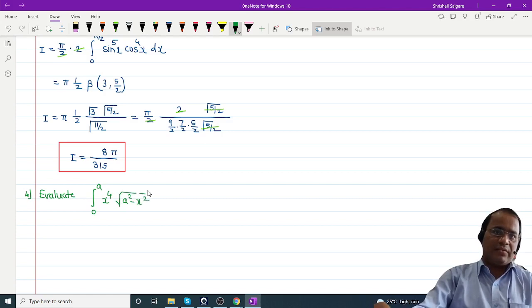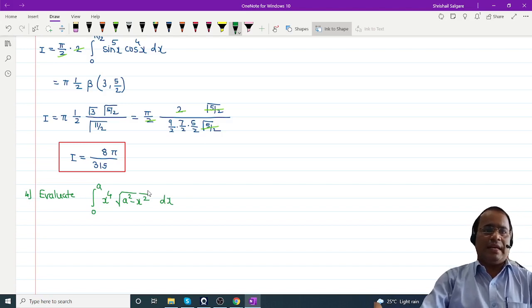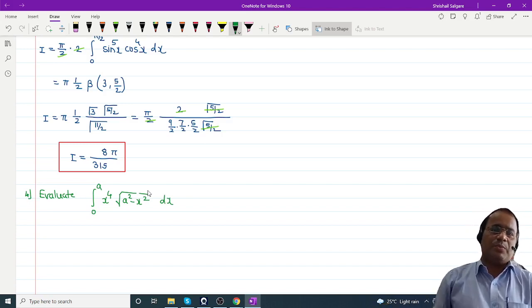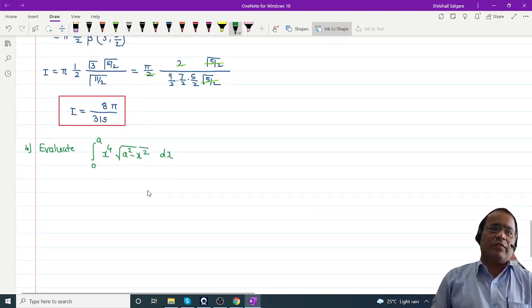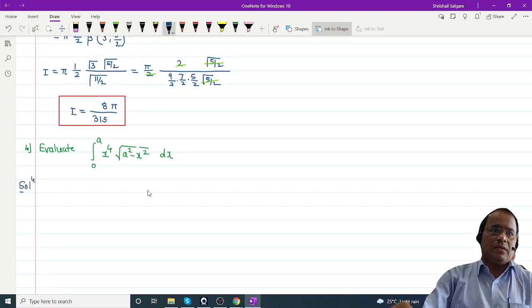The same integral you may think of in the direction we did yesterday, but suppose we solve this integral by using the second definition in terms of sine and cos. So I will call this integral I.